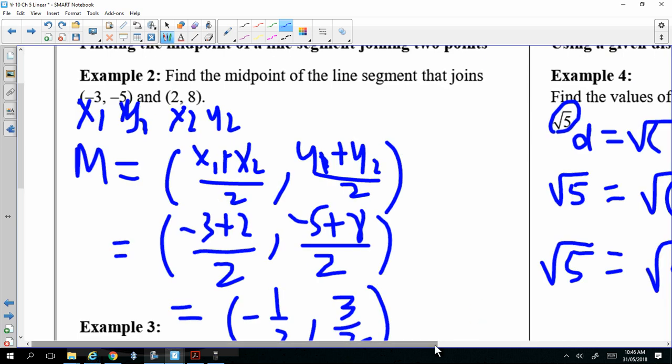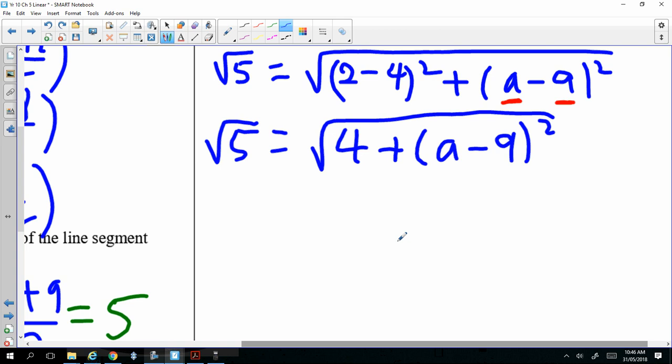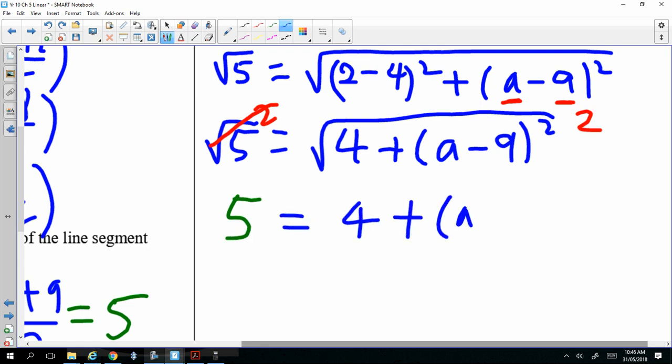Because when you solve an equation, I want to move things around, and the square root is like inside a house, so you can't really move things around. So let's get rid of the, or you can think of it as a lid. You have to take out the lid first. So we square it, that will take out the lid. And when you square root 5, that will cancel, and you end up with 5. And when you square that one, it's like opening the lid, so you got rid of the lid. Now you can see what's inside the lid. Okay, now we can move things around.